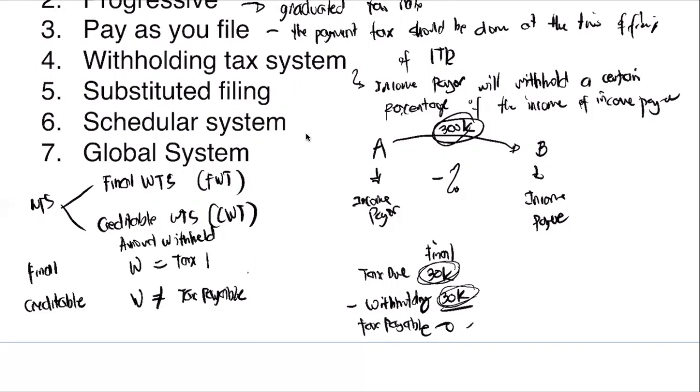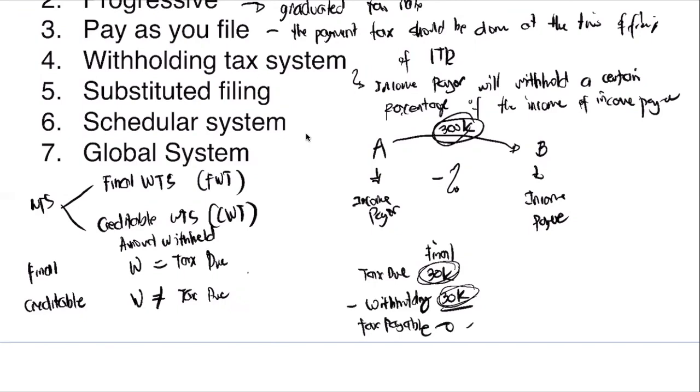Actually, let's remove your tax payable instead and change it to tax due. Okay, so the amount of withholding here is equal to your tax due. So we withheld 30,000 and our tax due is 30,000, therefore it is equal. Then we say the withholding is final. Final because you will not pay at all.